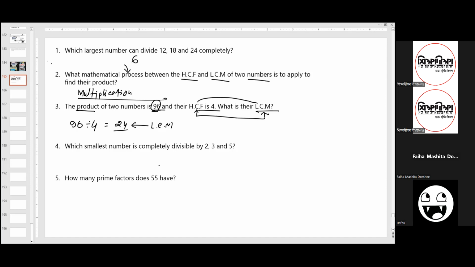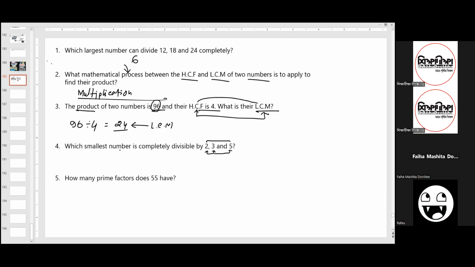Since all of them are prime numbers, if we want to find out the LCM, why are we looking for the LCM? Because that number, not only for the word smallest, that number will have to be divisible, I mean, that number will have to be a multiple of all of these, right? So since it is a multiple, we have to find the LCM.